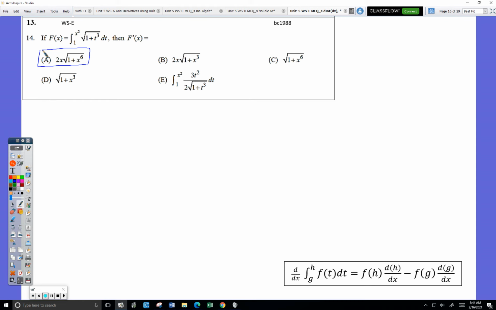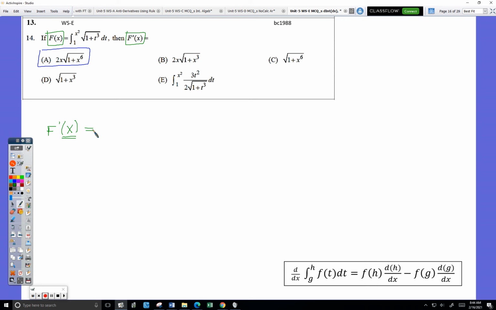So, since capital F is the integral, capital F prime is the derivative of the integral. My input variable is x.